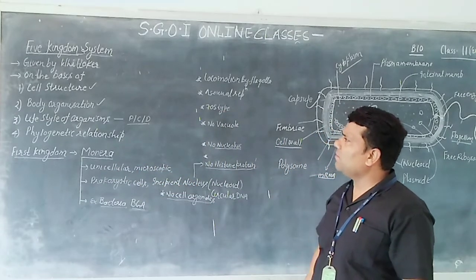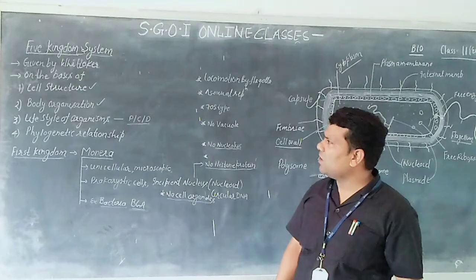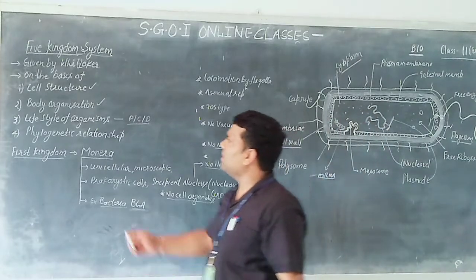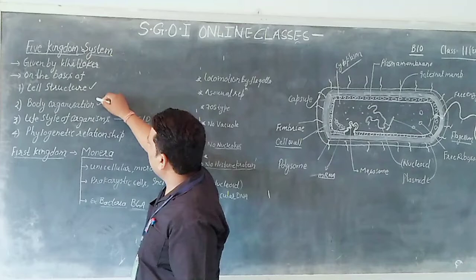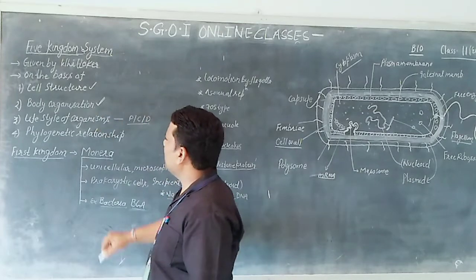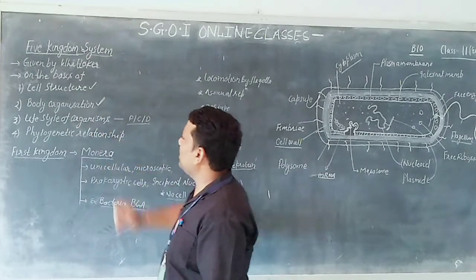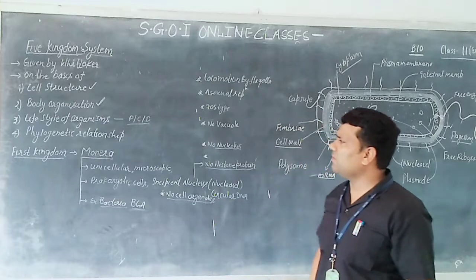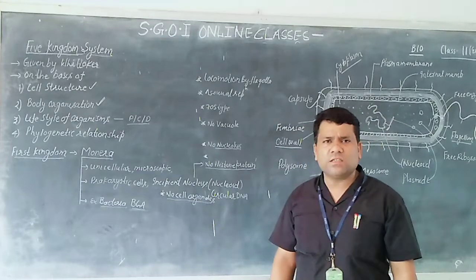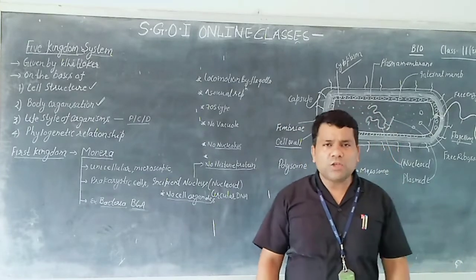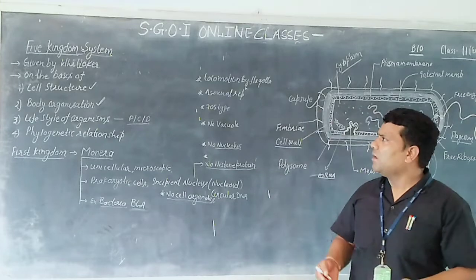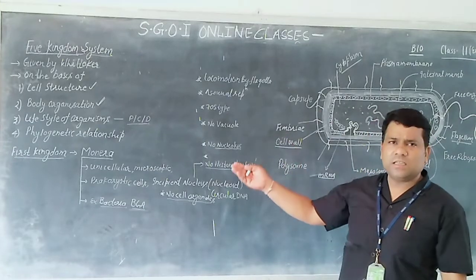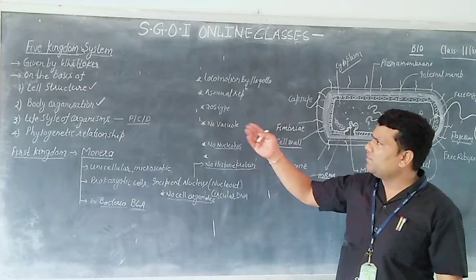Whittaker classified the organisms on the basis of cell structure. Second one is body organization. Third one is lifestyle of the organisms, and fourth one is phylogenetic relationships. These are the basis for Whittaker's system of classification, called the five kingdom system.